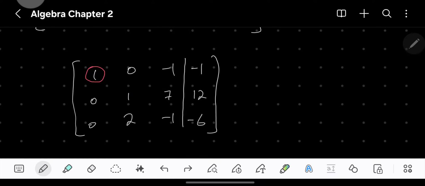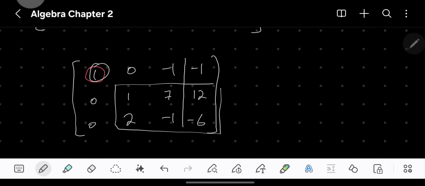Now the next step is to write the submatrix using the current pivot entry. Since our current pivot entry is this, if we skip this row and this column, the submatrix is this one. We will repeat the same procedure for this submatrix.